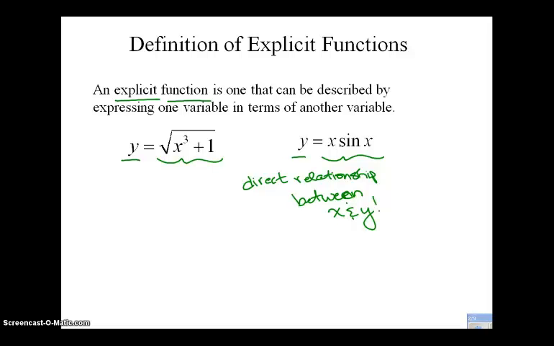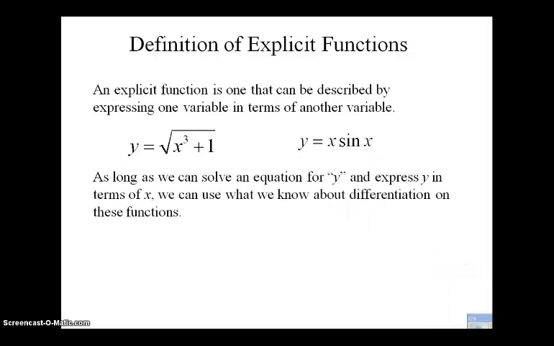Well, what if we have still a relationship between x and y, but we can't express it explicitly? In other words, algebraically, we can't do all the algebra steps and get one variable completely by itself on one side of the equal sign and the other variable totally by itself on the other side.